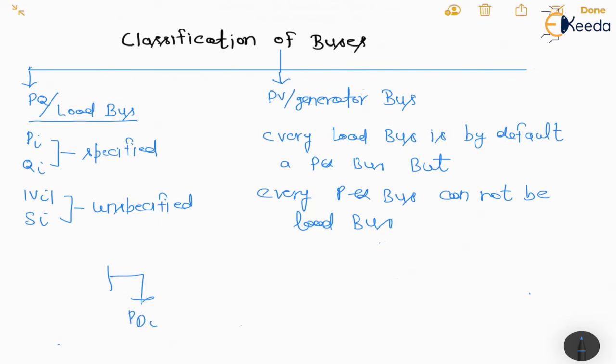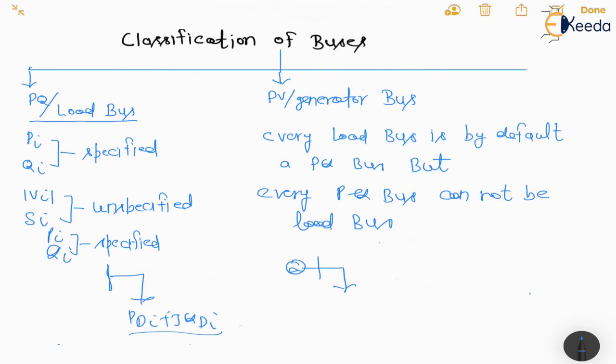By default, Pdi plus j Qdi is the load bus, and generation is always 0, so Pi and Qi will always be specified. So a load bus is a PQ bus.